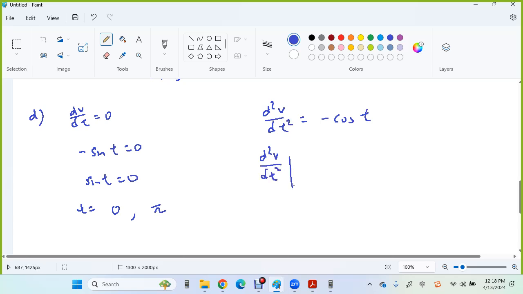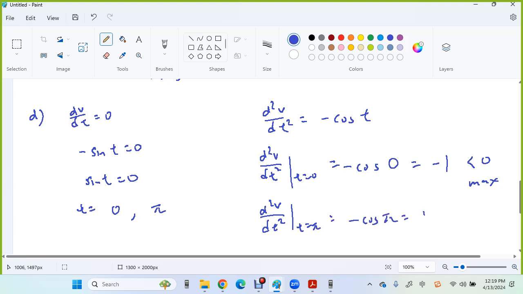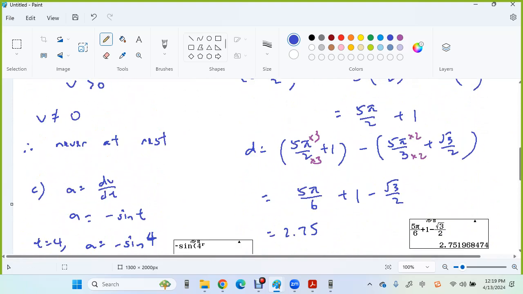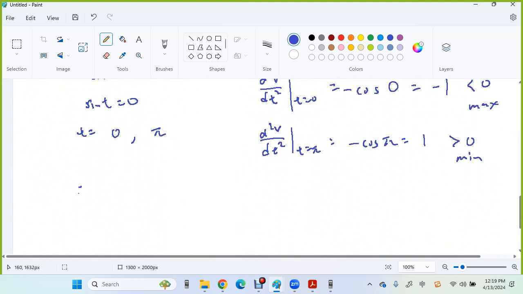When t equals 0, it is negative cos 0, that is negative 1, less than 0, so it is a maximum. And when t equals pi, negative cos pi is 1, greater than 0, so it is a minimum. So we know that t equals pi will be the answer.